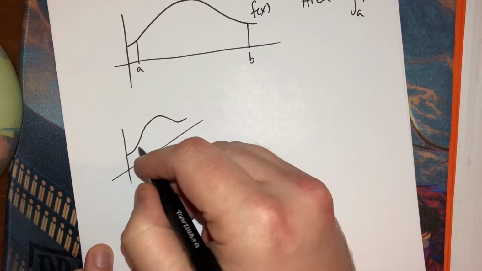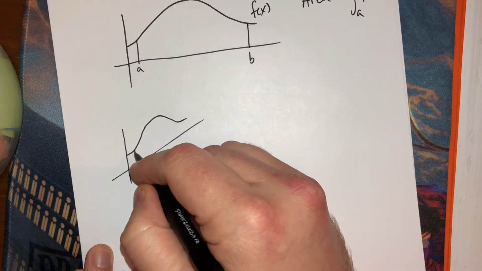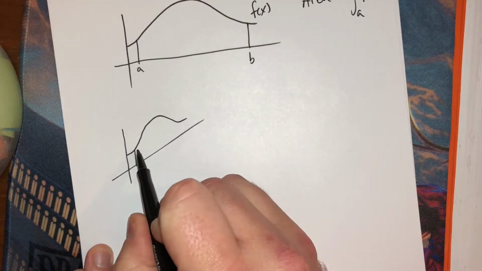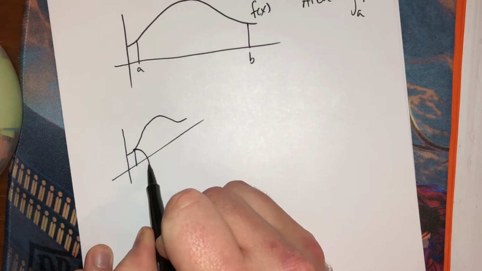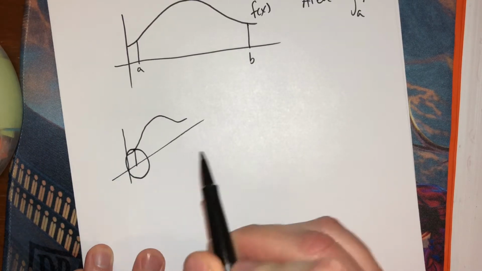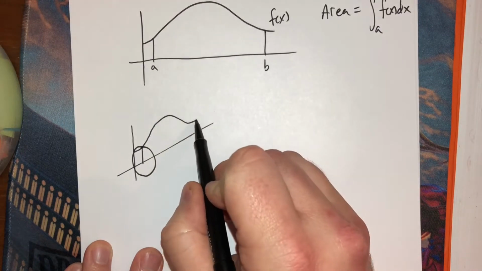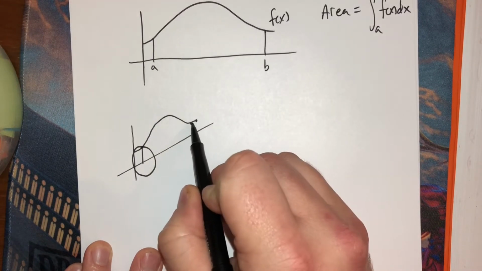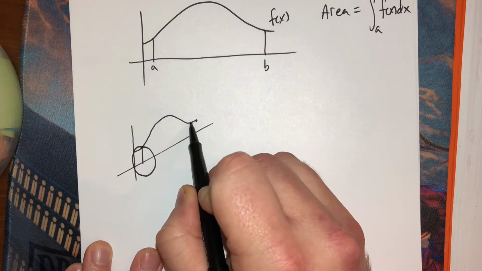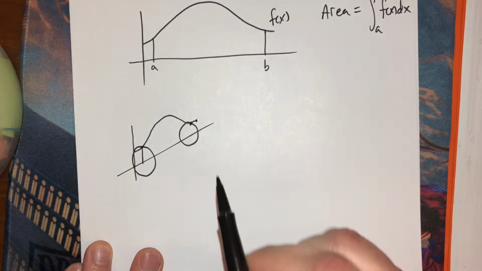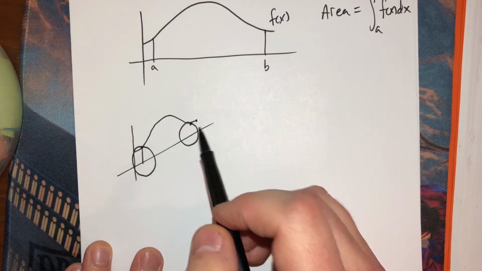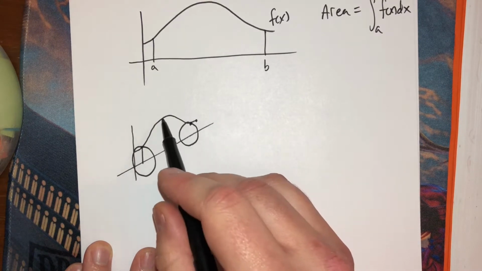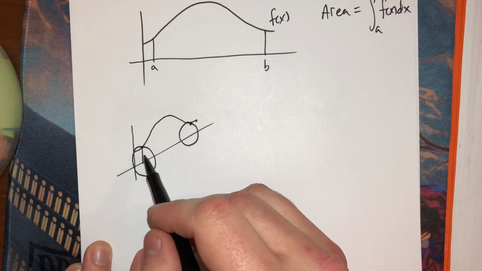If we're taking this and spinning from a to b around the x-axis, well, think about spinning a point. What kind of shape do we have? If we spin either of these endpoints, we're getting a circle, right? And if we spun anywhere else, we'd be getting some kind of circle. The problem is, the radius here is one thing.